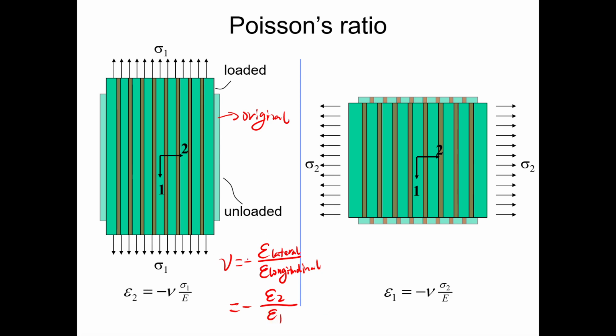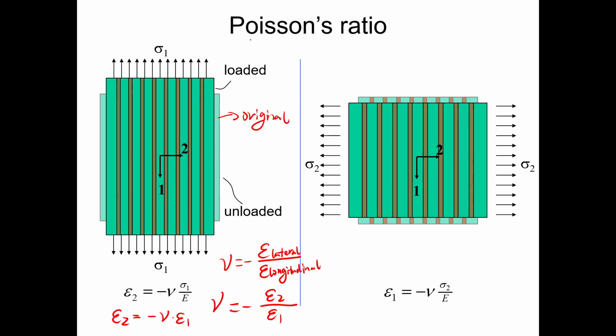So basically we want to ask the questions, if we load it in the one direction, the longitudinal directions, what is the Poisson effect, the strain caused in the transverse directions? We can rearrange these equations and we can get epsilon 2 equal to minus nu, okay, times epsilon 1.